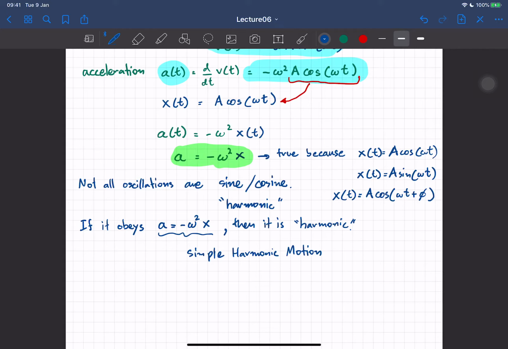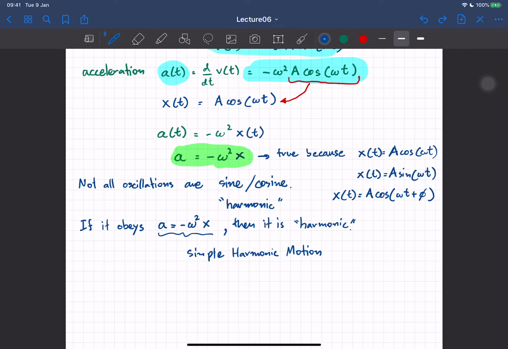Okay, so a simple harmonic motion or simple harmonic oscillation is the oscillation where the displacement, the velocity, and the acceleration are described by either sine or cosine function. Okay, that's what we mean by simple harmonic motion. And mathematically, this is the simplest that we can have. Anything more complicated than this is not going to be harmonic, so it's not going to be described by sine or cosine.